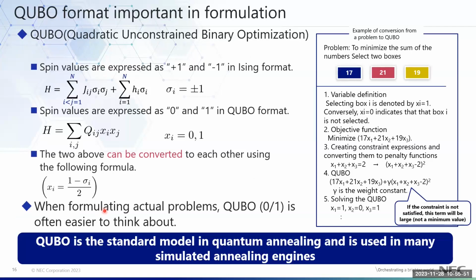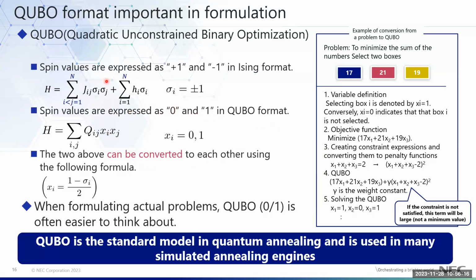Now in this case, we are working with spin values, and we've brought the Ising aspect to the QUBO again. When we say that spin values are expressed as 1 and -1 in the Ising format, you can say that the spin values are expressed as 0 and 1 in the QUBO format.